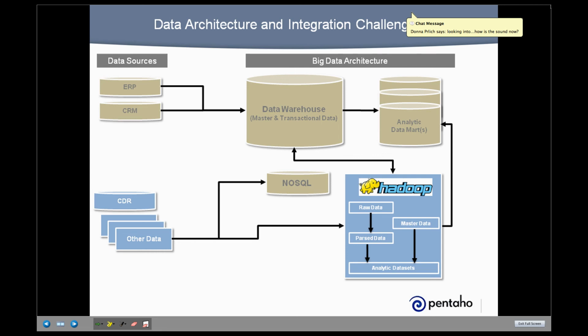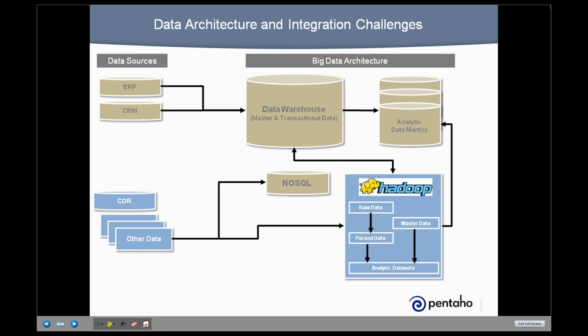Then you may have some other data sources that you either directly or through NoSQL pump into Hadoop, and then you may extract from that some additional data into the data warehouse, or do some lookups from the data warehouse, and then eventually push some of that data, after some MapReduce jobs, into an analytical data mart, so that you can provide analytics and reporting on top of that.